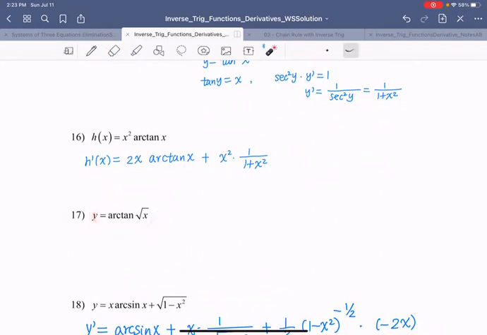Let's do number 17. Okay, so what is it?